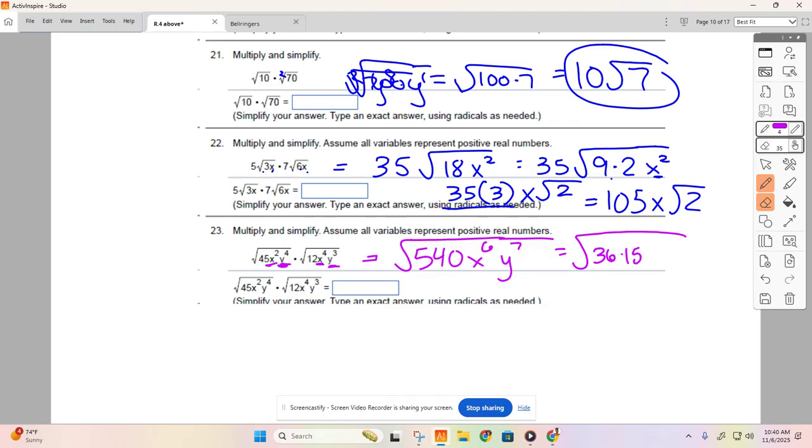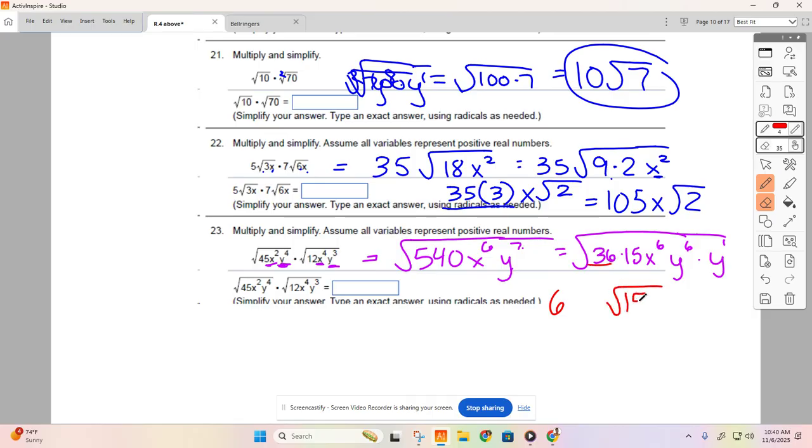My exponent on the x is an even number. I'm leaving it that way. For my y's, I want it to be an even number, so I'm separating y to the 7th into y to the 6th times y to the 1st. The square root of 36 gives me 6 on the outside.